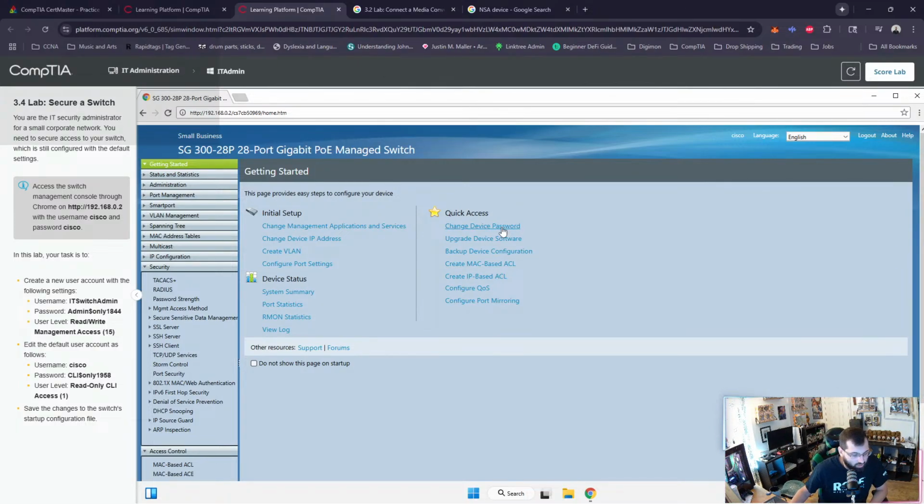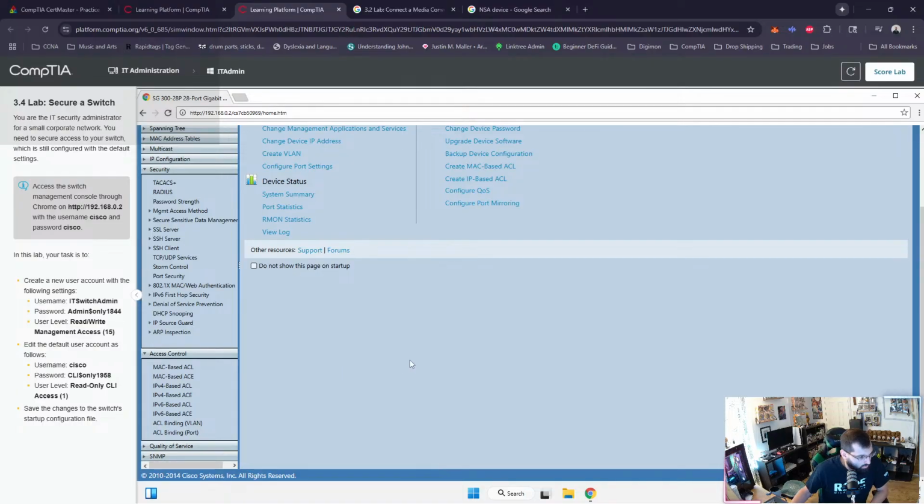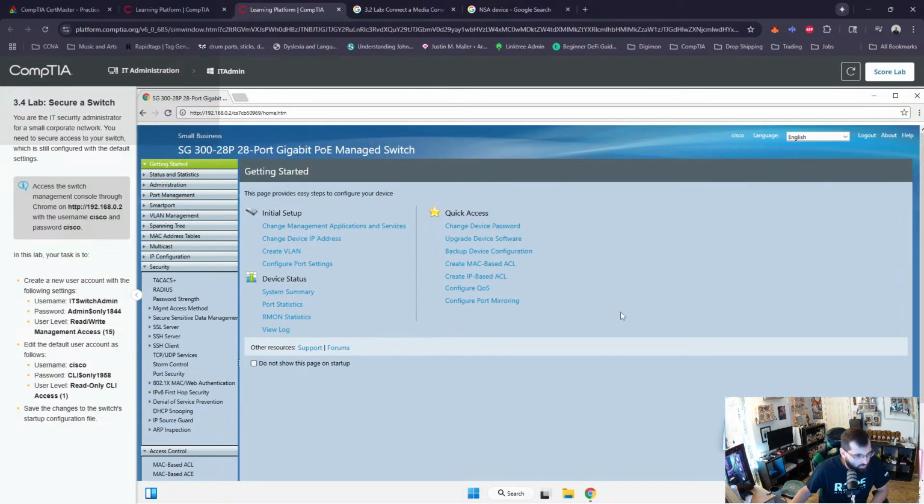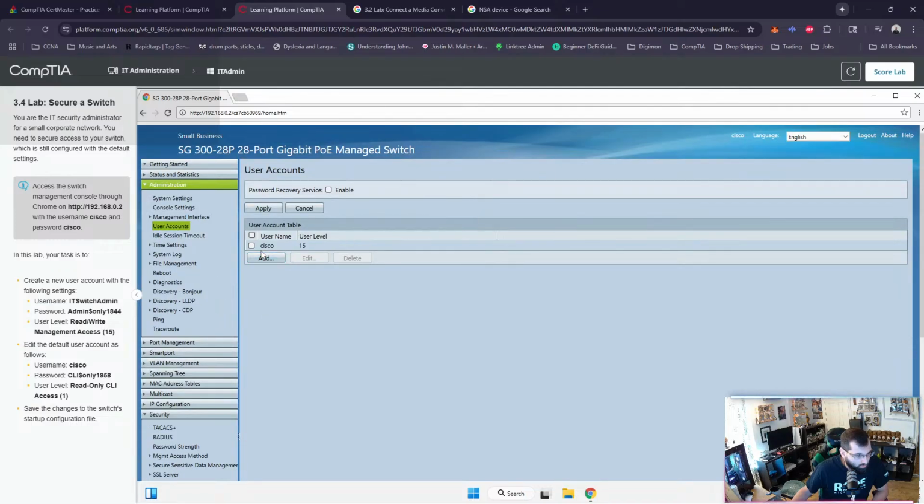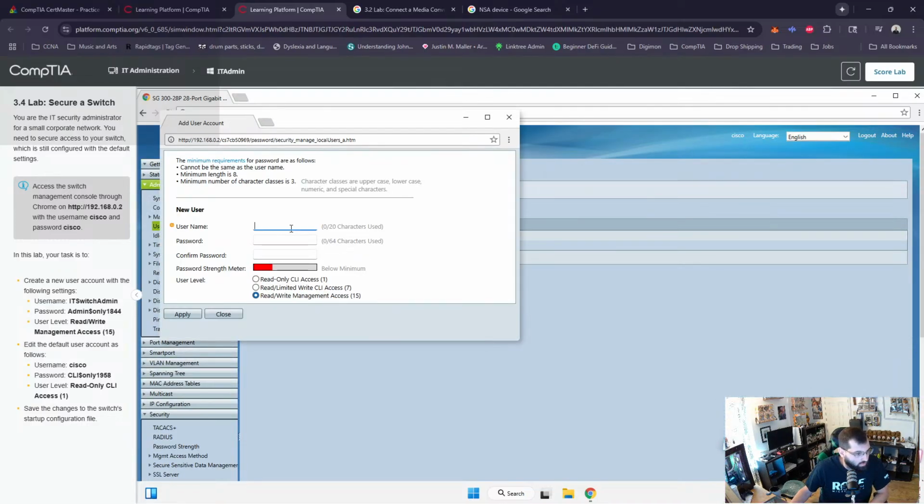Wait, so was I not supposed to log in like this? There it is. Okay. IT switch admin. Password is admin, dollar sign, only1844. Admin, only1844.